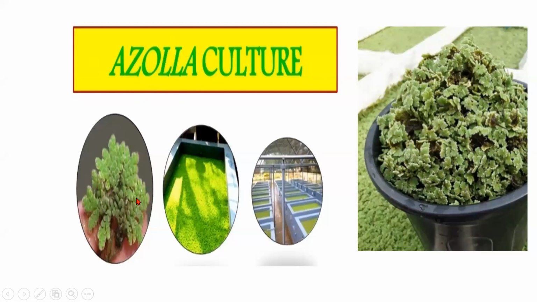It is called aquatic fern. It is a pteridophyte. Definitely you would have seen this fern growing in water bodies. This is a very common pteridophyte which grows very easily and provides the maximum nitrogen requirement.